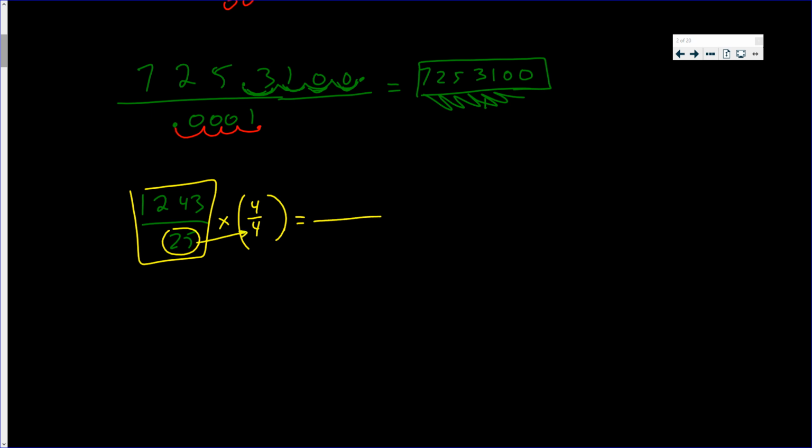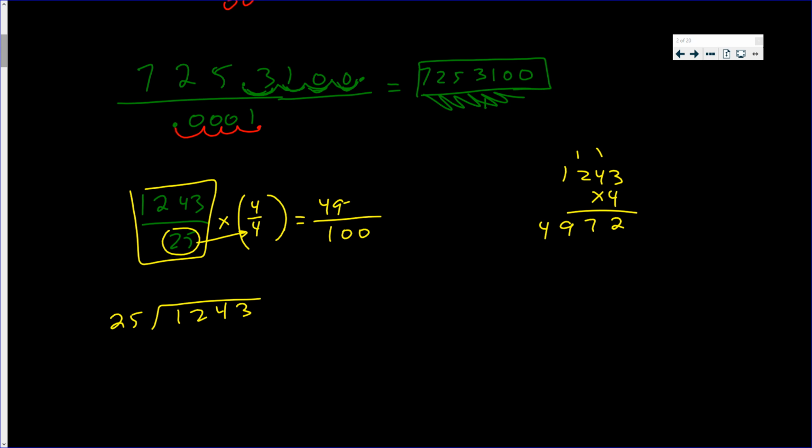Because 25 times 4 is one of those special numbers. It has a 1 and all zeros. So now, instead of doing 25 into 1243, I'm going to take 1243 and multiply it by 4.